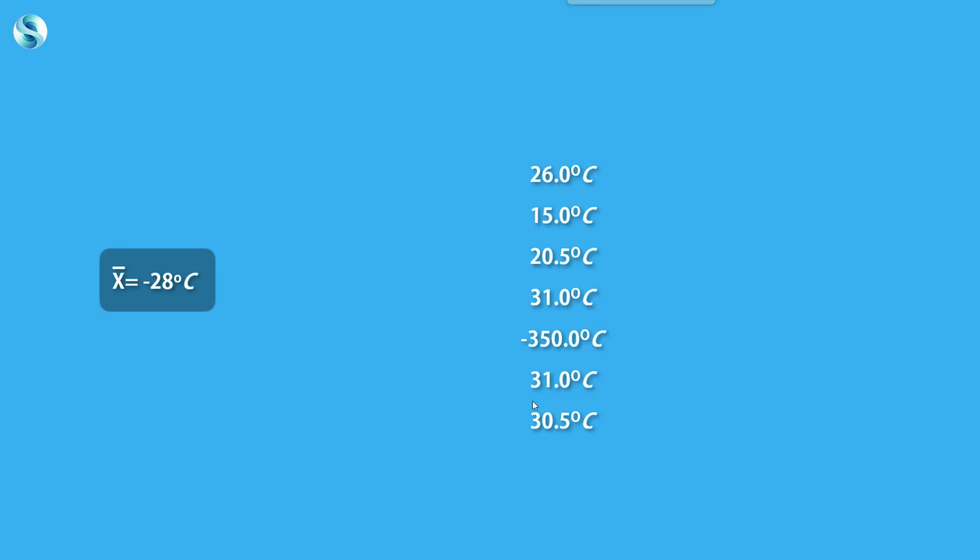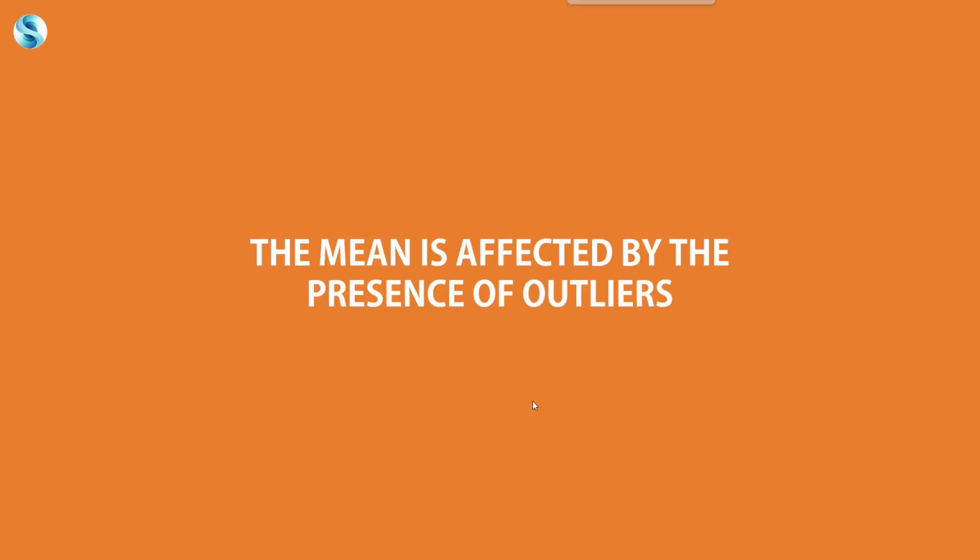Obviously, we know that the typical temperature around this time is very warm, around positive 20 to 30, not negative 28. We got this result because of an outlier. The outlier was involved in our calculations, which gives us a skewed result. Therefore, we see that the mean is affected by the presence of an outlier.